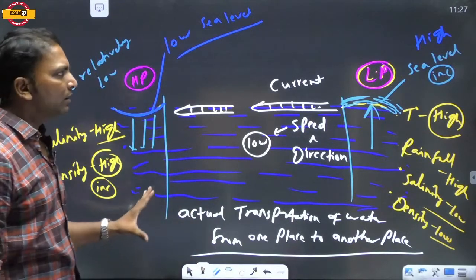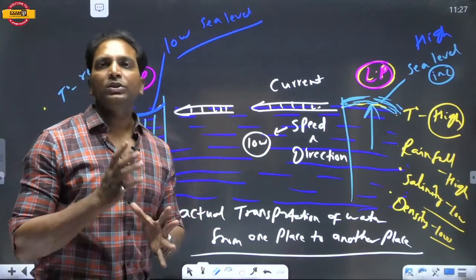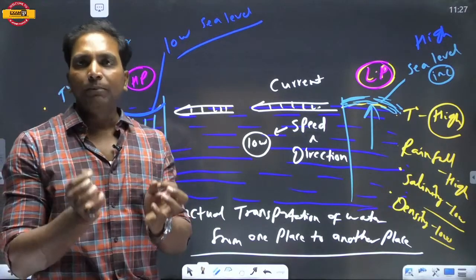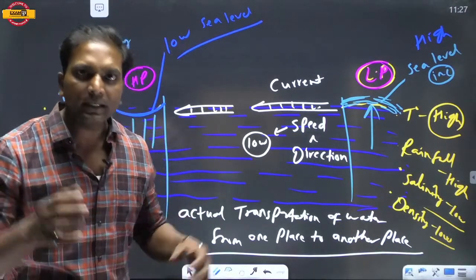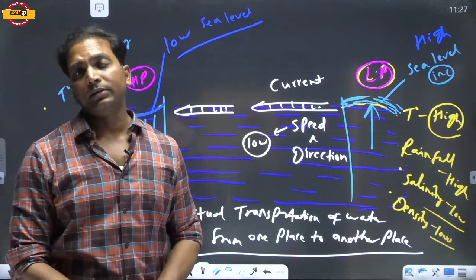Is it clear? Firstly, the differences of oceanic water in temperature, salinity and density create the ocean currents.